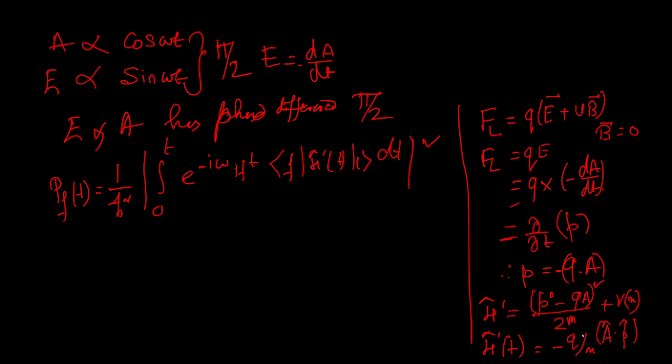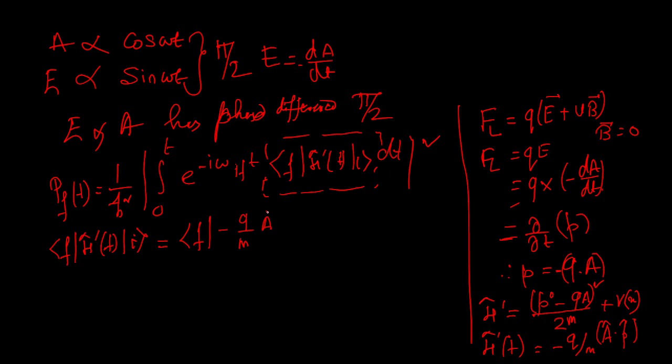Now using this equation, we can write H'(t). We need to know what this value is, so for this value you can write q by m A into p.